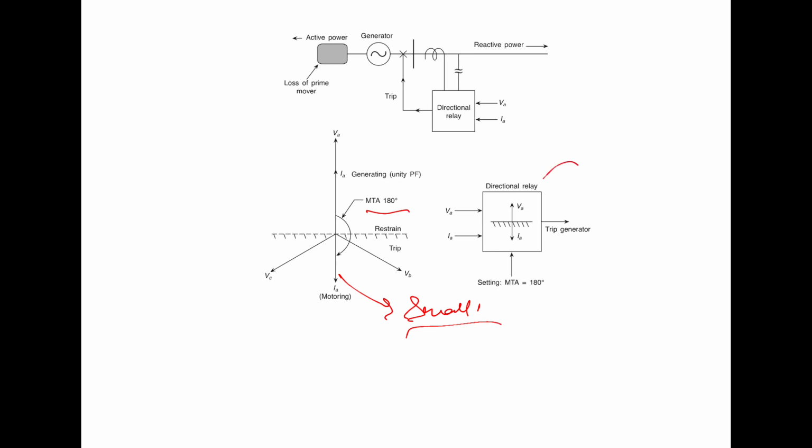So for that, we will have the directional relay with the MTA of 180 degree. We have VA, IA and trip to the generator, and here the MTA angle in this case is 180 degree. When it is working as a generator, and let us suppose that loss of prime mover occurs, then in that very case it is taking IA opposite from the grid, but the value is very small because the real power taken is less.